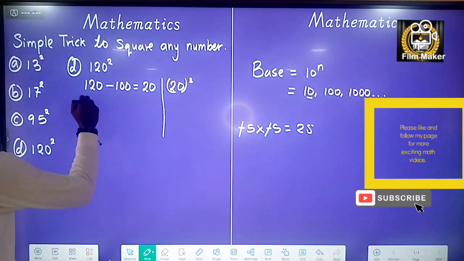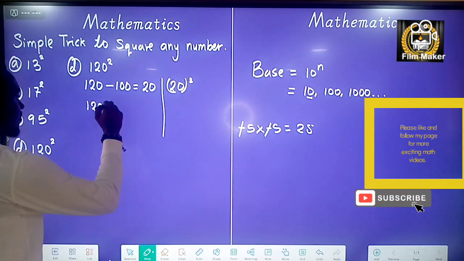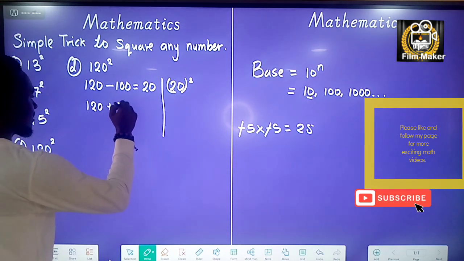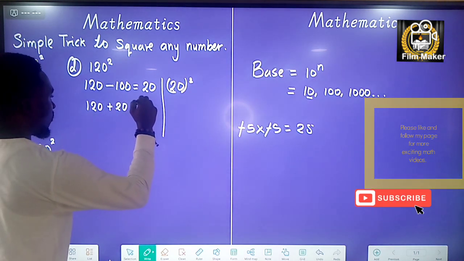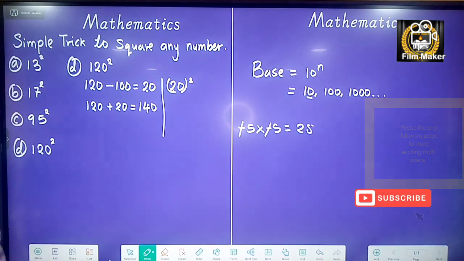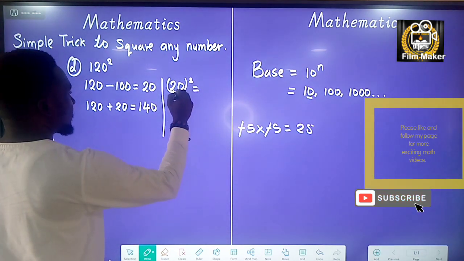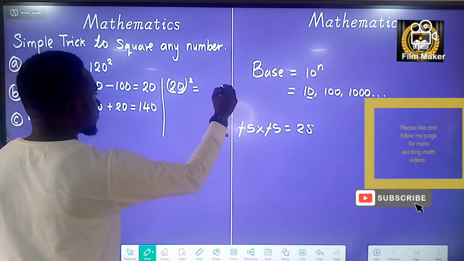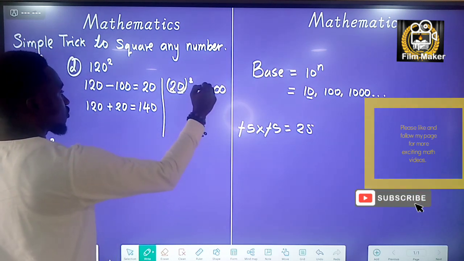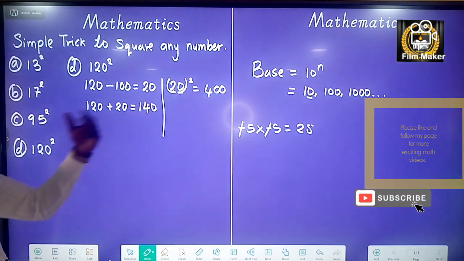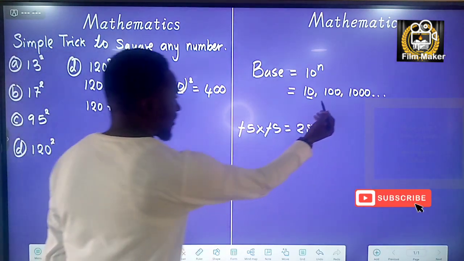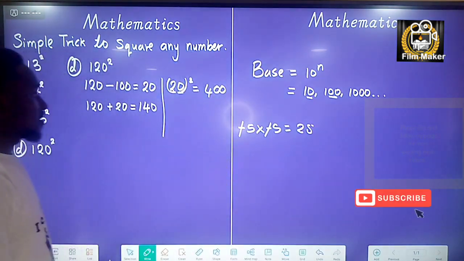Now, the next thing is 120 plus the difference we've got in 20, we have 140. If I'm not mistaken, yes. Now, when you square this, it simply means to double this 0. Is that okay? Then 2 squared is 4. So you have 400. Now, what do we have here? We still have 2 zeros. Is that not so?